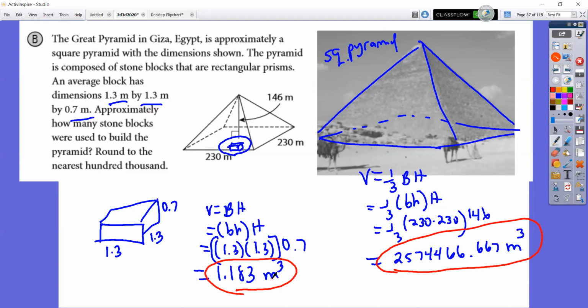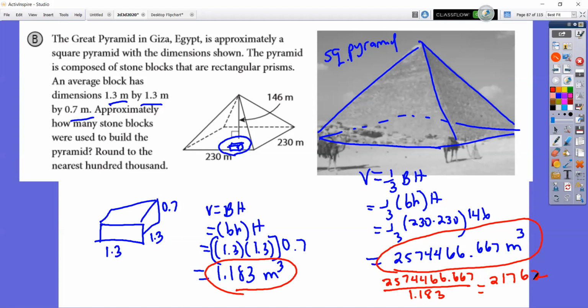So to find out how many blocks we need, we would take this number, 2,574,466.667, and divide that by 1.183. So if we do that, okay, if we divide that, we're going to get a total of about 21762.